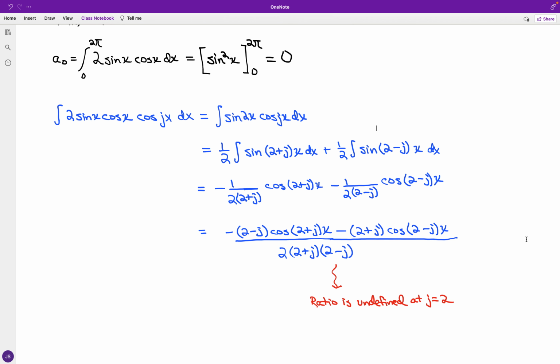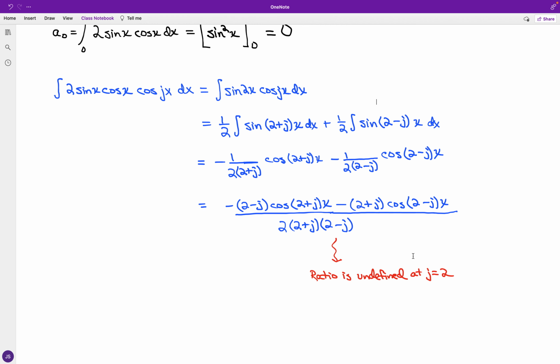If I combine these terms together, we would have the negative of the quantity 2 minus j, or you could say j minus 2, times the cosine of the quantity 2 plus j times x, and then minus the quantity 2 plus j times the cosine of the quantity 2 minus j times x.